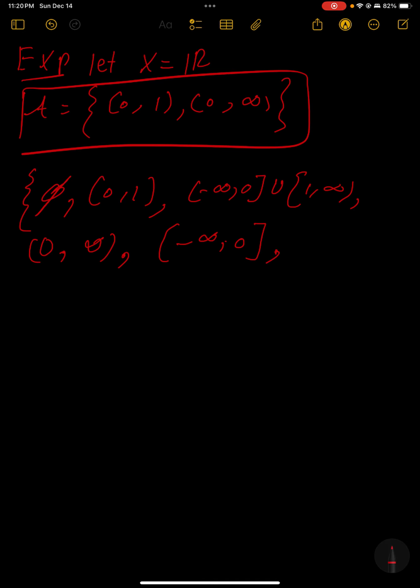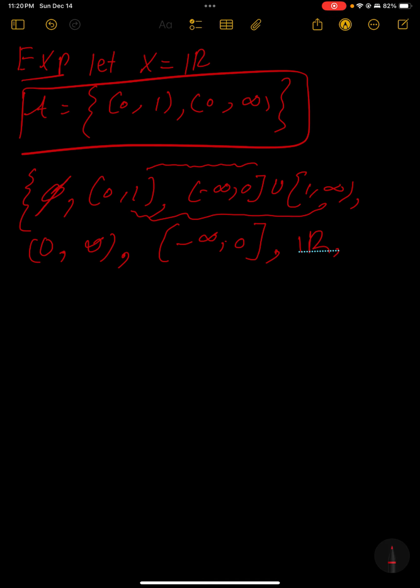Now we are gonna see the union property as well, because the third property is that the countable union should also be there. So what is the union of these two? If we consider the union, we can see that it is R, so definitely R is there.